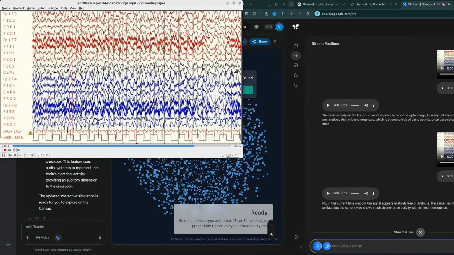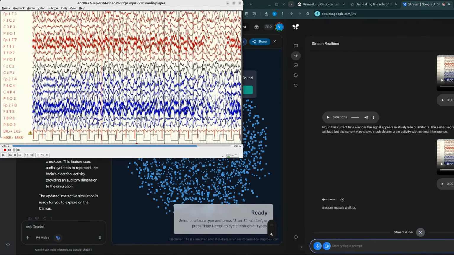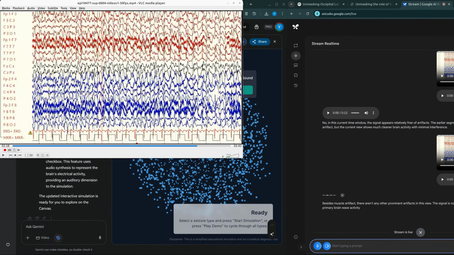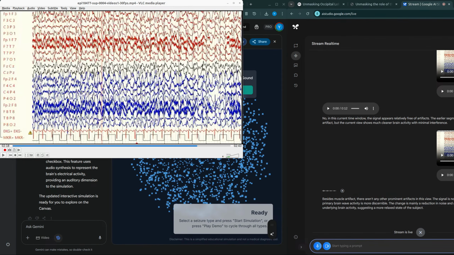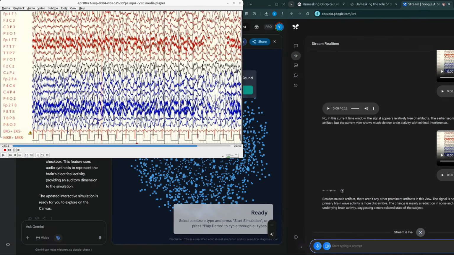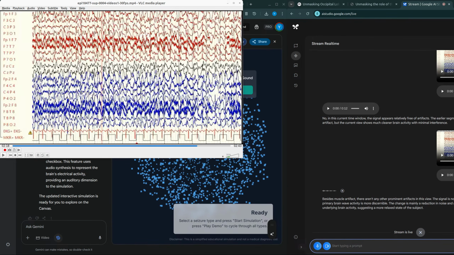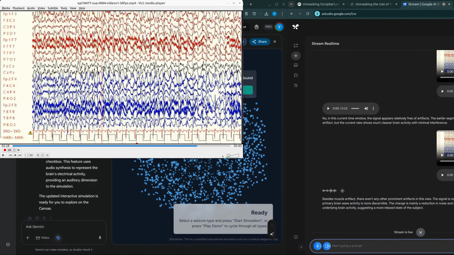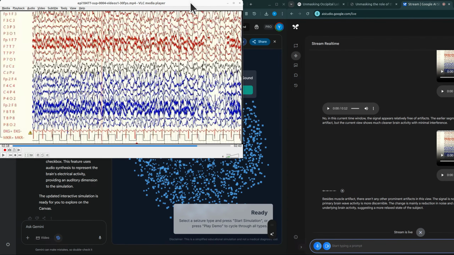Also, what has changed now? Besides muscle artifact, there aren't any significant other types of artifacts in this view. The signal is now much clearer, and the primary brainwave activity is more discernible. The change is mainly a reduction in noise and a cleaner recording of the underlying brain activity, suggesting a more relaxed state of the subject.